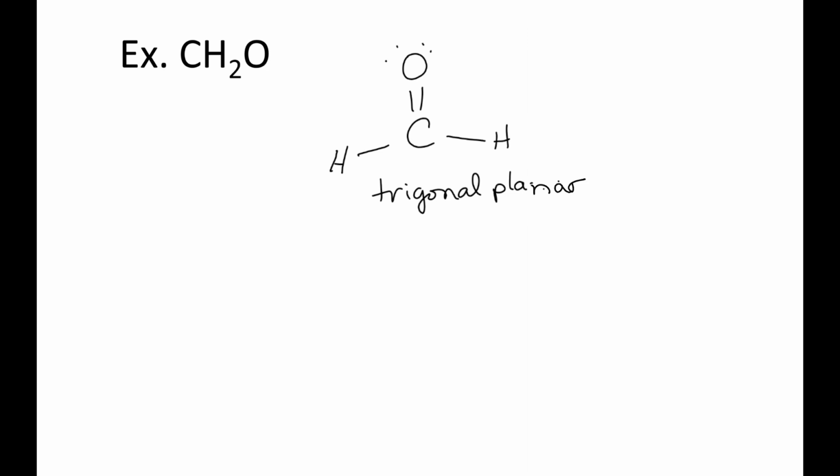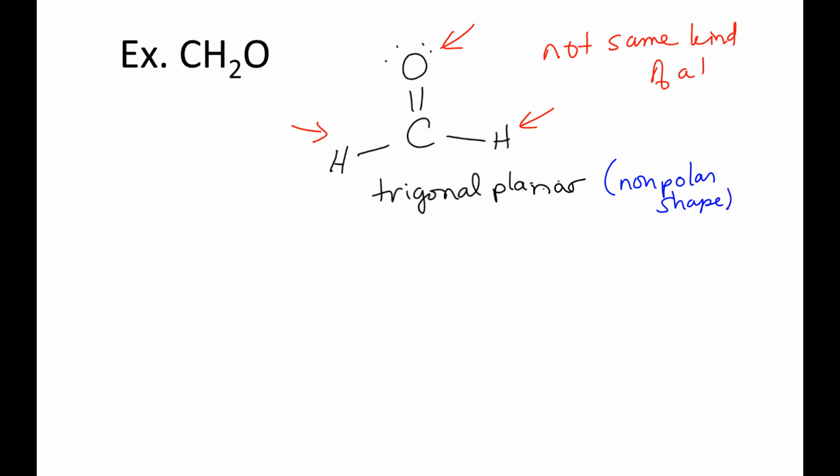Trigonal planar is a nonpolar shape. But if you look, guess what? Those are not the same. So they're not the same kind of atoms. Because of this, this is a polar molecule. What's happening is that oxygen is definitely going to pull more on the electron cloud around the carbon than those hydrogens will. So it's definitely a polar molecule.